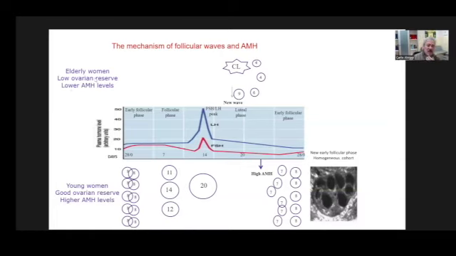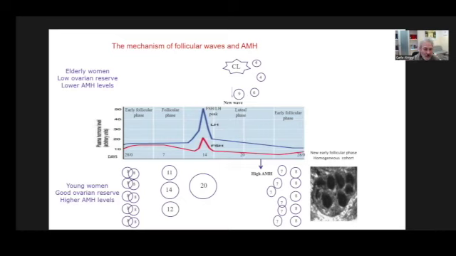Here we have a patient, for instance, 40, 42 years of age, with very low anti-Mullerian hormone. So we have ovulation, we have corpus luteum again, but during our scanning on day 20, we will find a dominant follicle of 9 millimeters that has been selected as dominant before next menstruation.